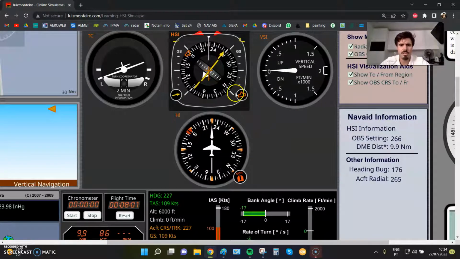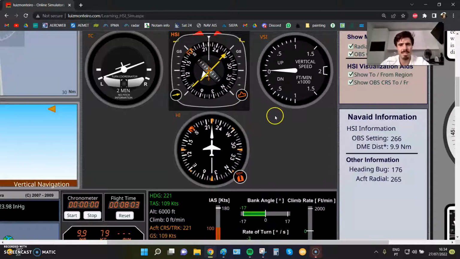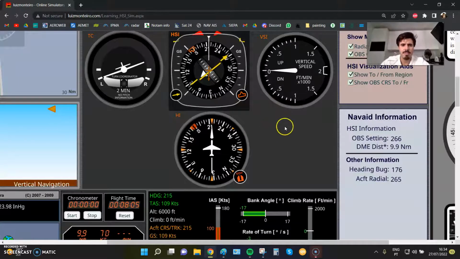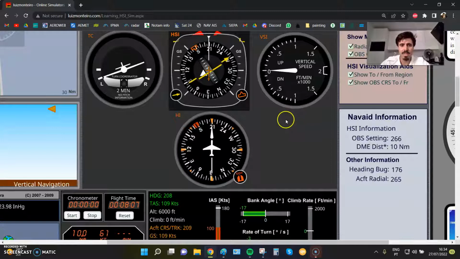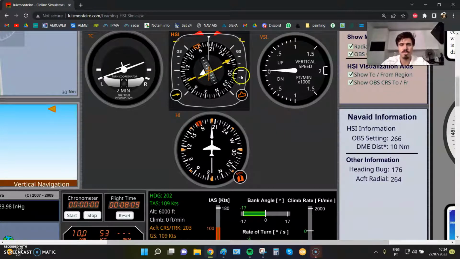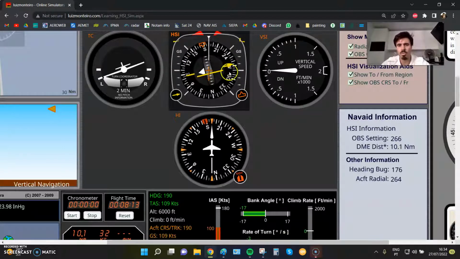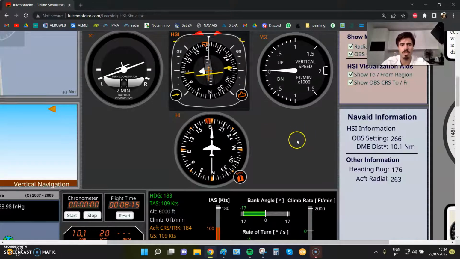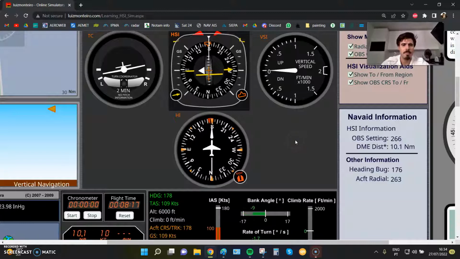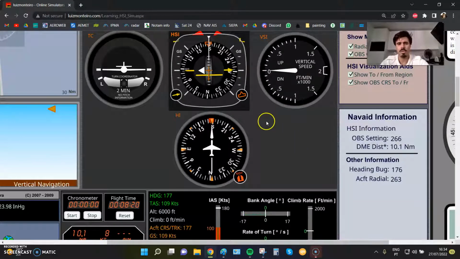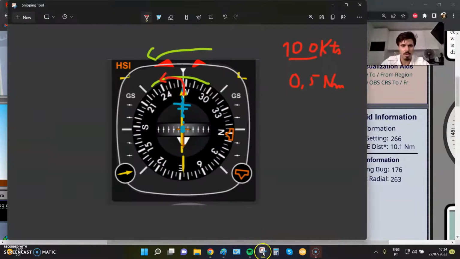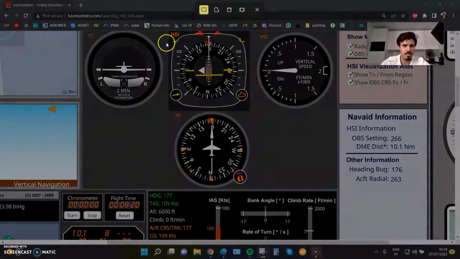I'm going to pause a lot so you understand and you can visualize every step of the way where we are, because the most important part is for you to interpret the HSI like a map and always know where you are and what you're doing. So pause. Now once again, let's interpret.